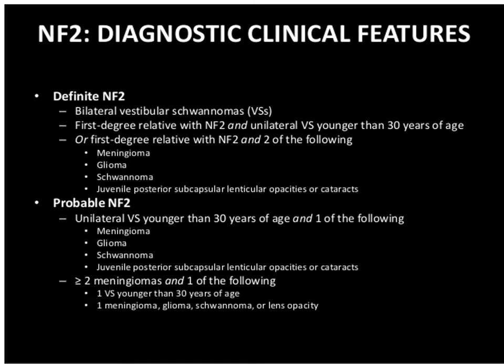Probable: unilateral vestibular schwannoma younger than 30 years of age and 1 of the following: meningioma, glioma, schwannoma, posterior subcapsular lenticular opacity; or more than 2 meningiomas and 1 of the following: vestibular schwannoma younger than 30, or meningioma, glioma, schwannoma, or lens opacity. They are probable, but the others are definite.